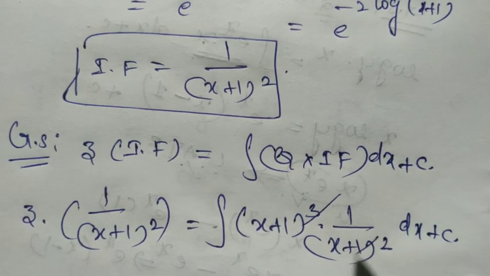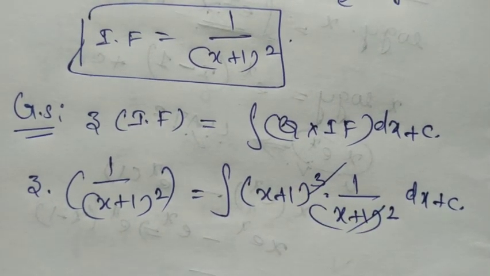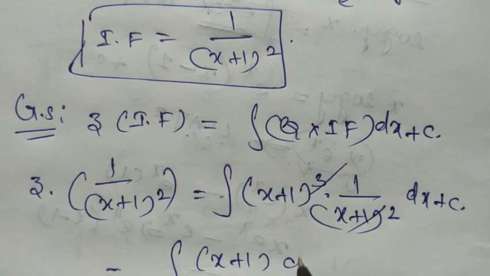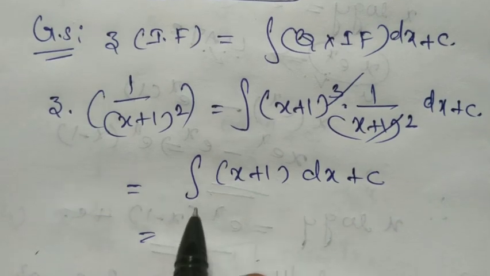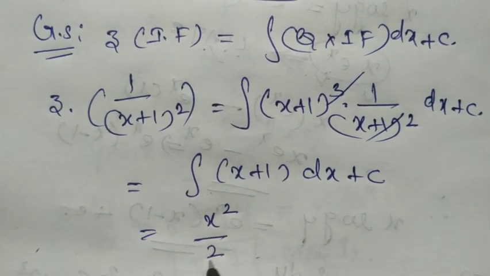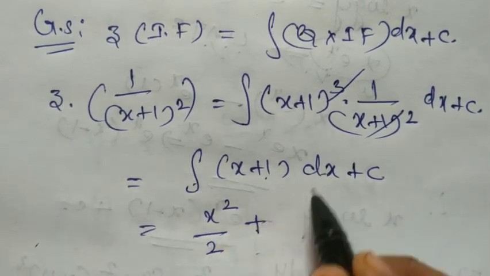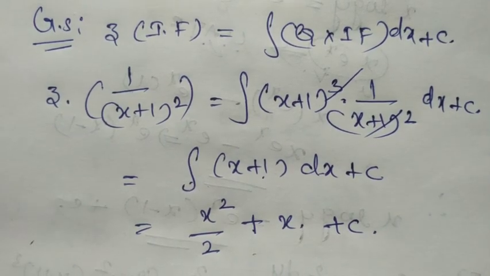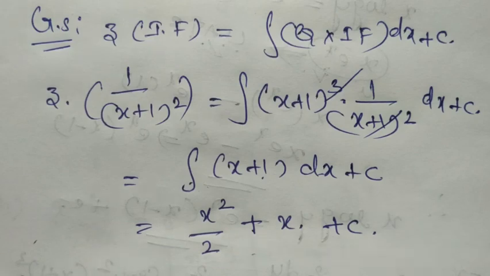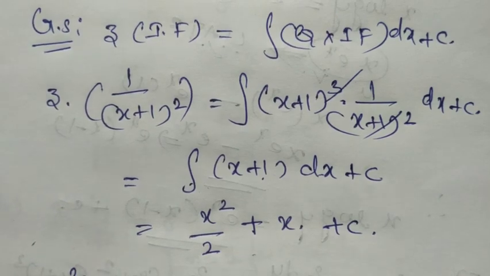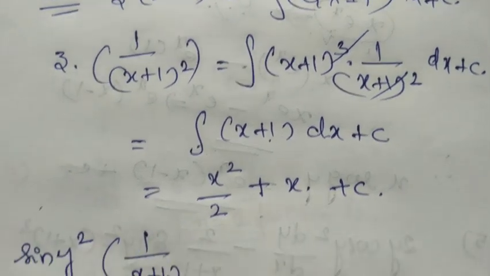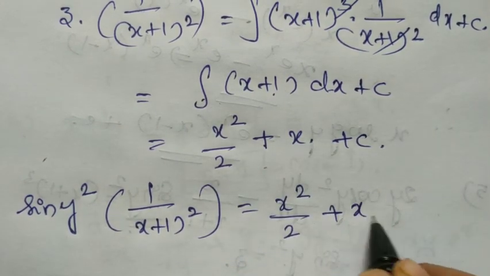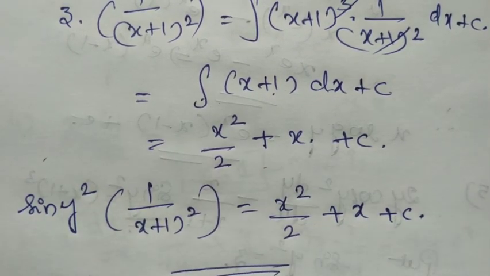Here (x+1)² cancels, leaving the integral of (x+1) dx plus c, that is x²/2 plus the integral of 1 dx, x, plus c. So z, which is sin y², times 1/(x+1)² equals x²/2 + x + c. This is our required general solution.